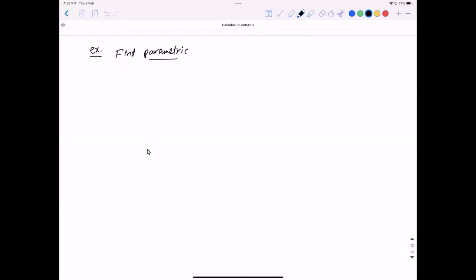Find parametric equations for the tangent line. Exactly, this is the question. He asks you to find a parametric equation for a certain straight line. So we need to know how to write the parametric equation of a line. We need to know a point.